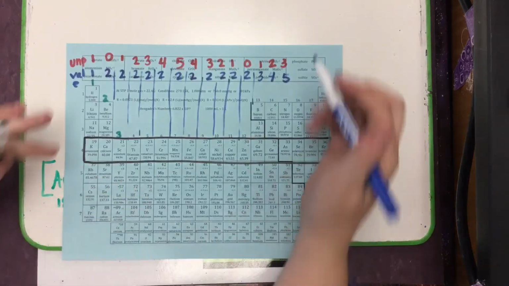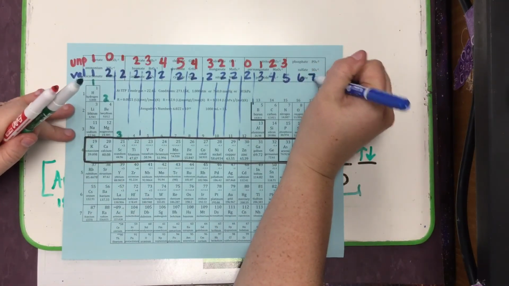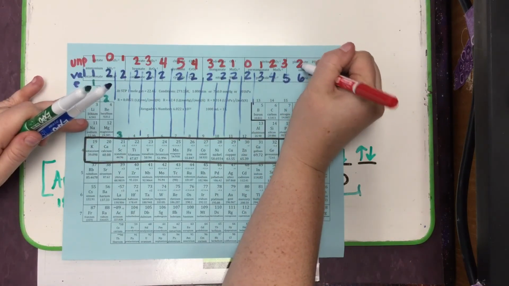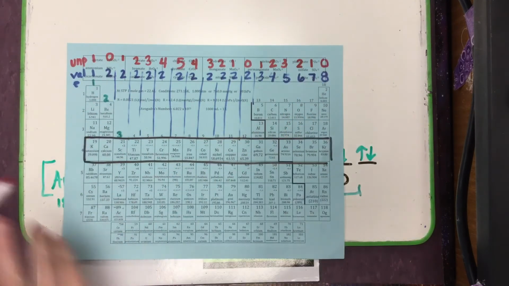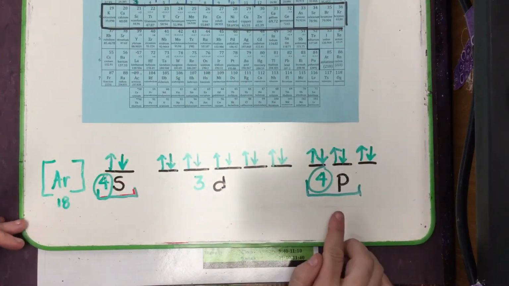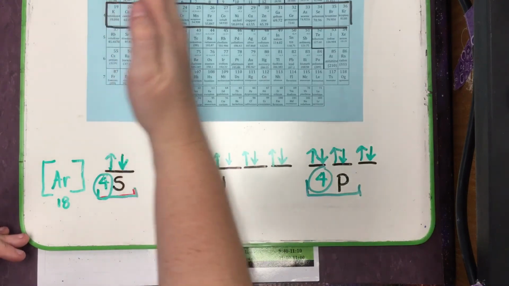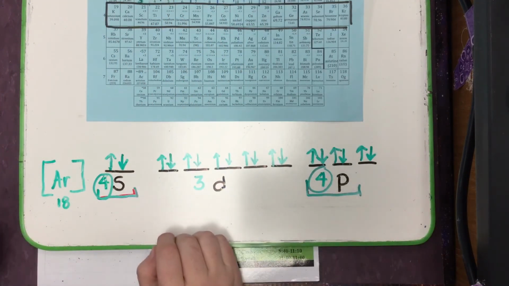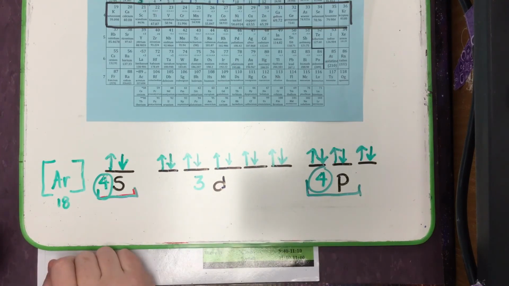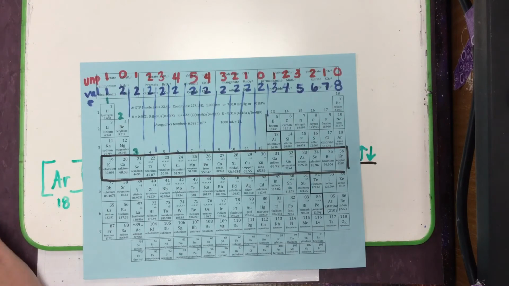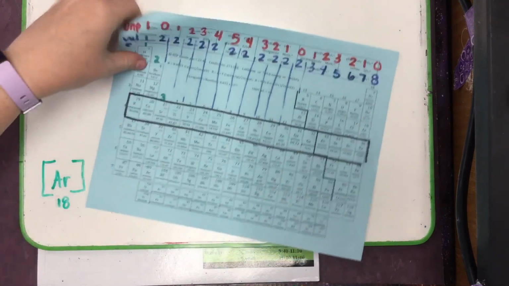All of those were valence. So that goes 6, 7, 8. And the unpaired goes back down to 0. And because all of the elements that would be within the group on the periodic table with these elements would have the same general configuration, they would just have different numbers here, these numbers really work for every element in the groups that we will be looking at.